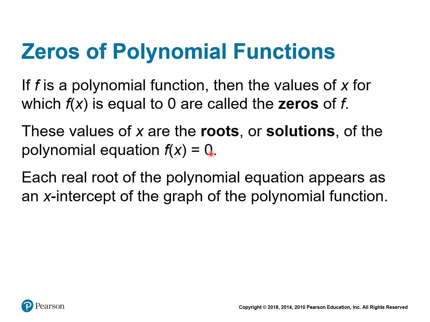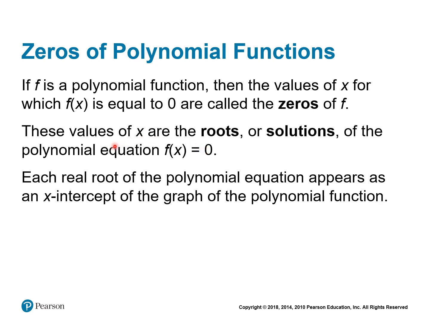When we were doing quadratic functions and learning how to draw the graph of a quadratic function, in order to find the x-intercept, what we did was we set our y equal to 0, or f of x equal to 0, and solve the equation for x.